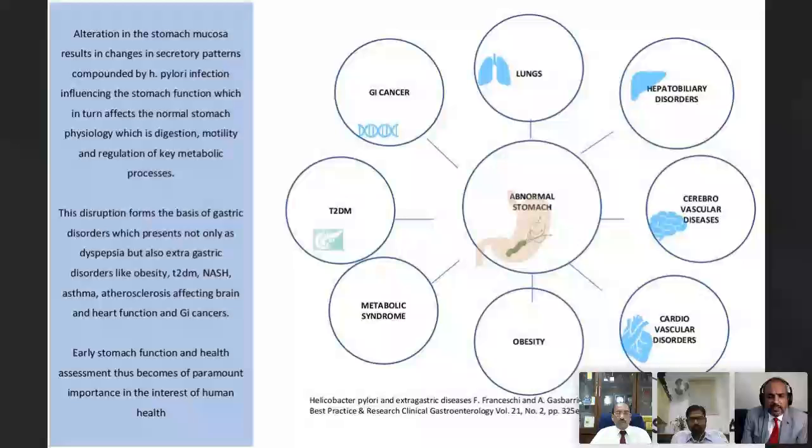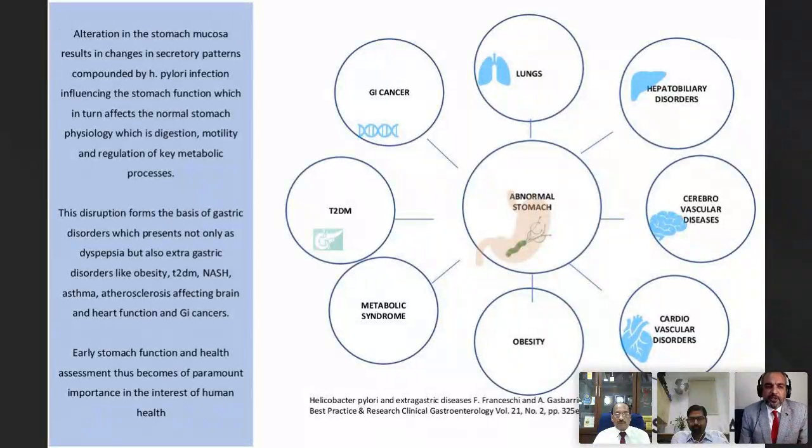And all this alteration in the stomach mucosa results in changes which alter the secretory pattern of the stomach, and the H. pylori infection compounds it, which influences the stomach function, thereby leading to a disruption in normal physiology, which is digestion, motility, and regulation of key metabolic processes.